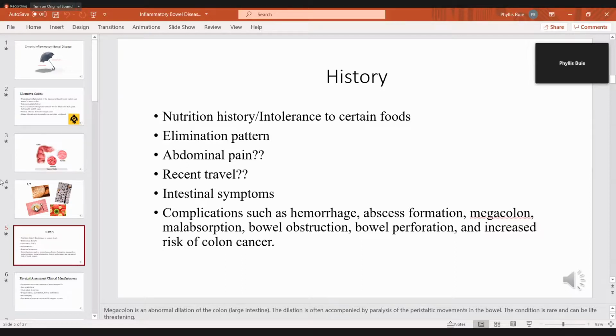Megacolon, we already talked a little bit about that on the previous PowerPoint, well, the first PowerPoint. Malabsorption. If they're having a lot of diarrhea, they're not going to be absorbing the nutrients from their food. And these patients with ulcerative colitis run a higher risk of developing colon cancer than patients with other inflammatory processes.